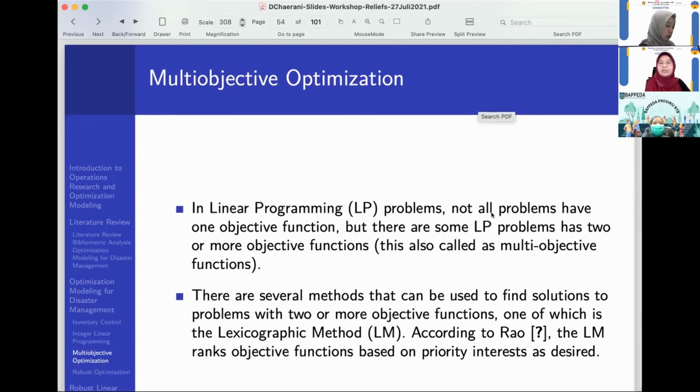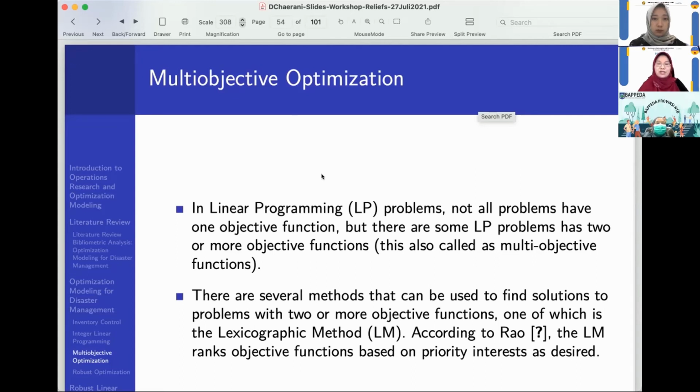Makanya ketika terjadi disaster kita bisa membuat prioritas dalam objektifnya. Misalnya ketika COVID dan terjadi gempa, disembuhkan dulu COVID-nya ataukah ditangani dulu gempanya. Semoga tidak terjadi, tapi kita sebagai pemangku kepentingan, dan Bapak Ibu yang bekerja di badan penanganan bencana, harus segera mengambil keputusan.